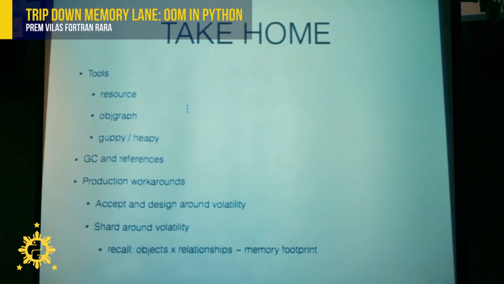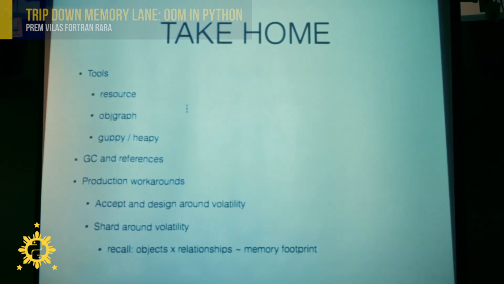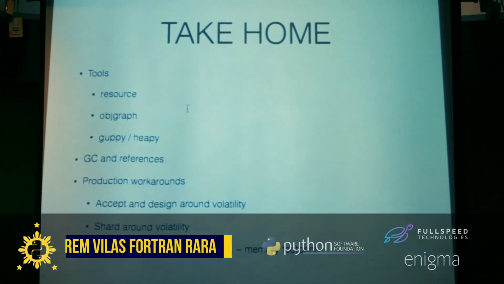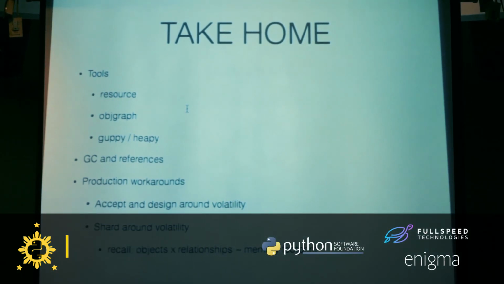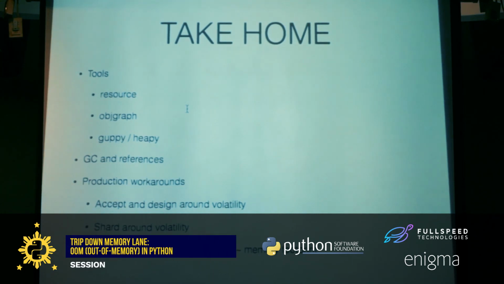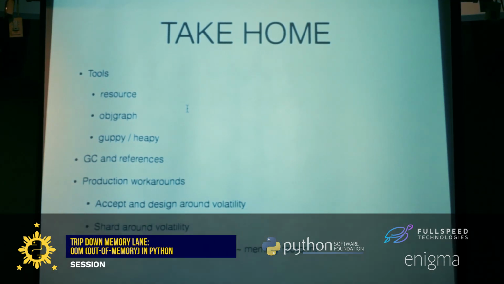And then we use the orchestrator to compute how much memory a node should get, based on this equation, which is objects times relationships equals, or is directly proportional to, the memory footprint.